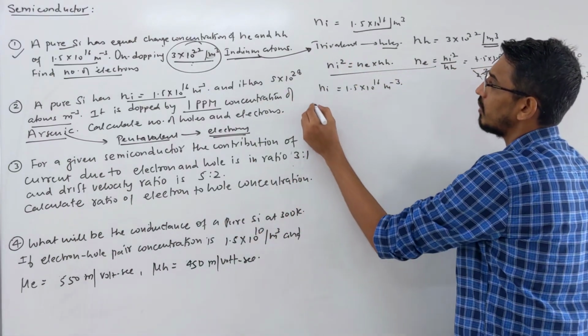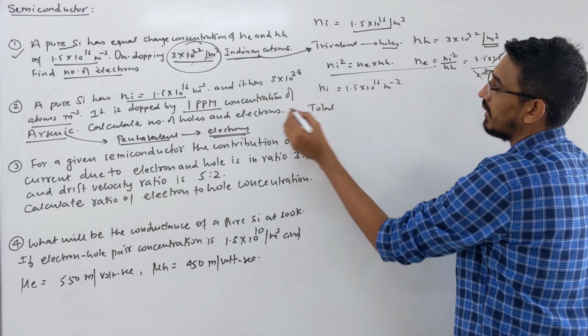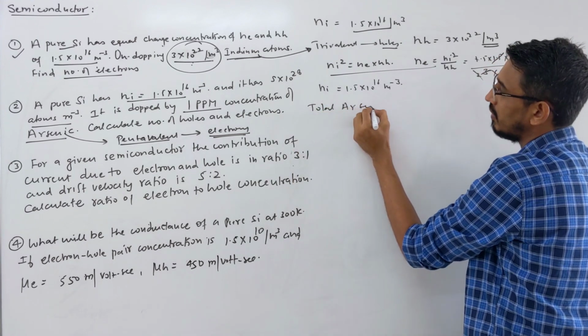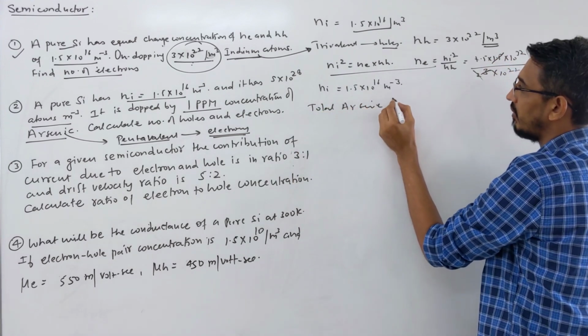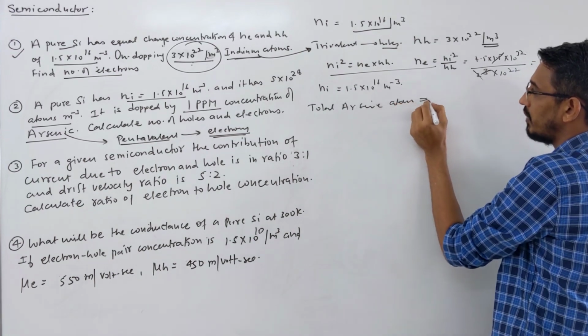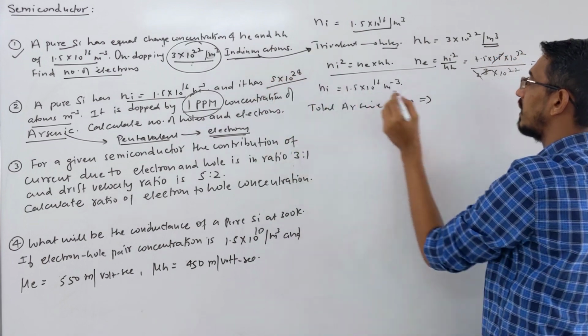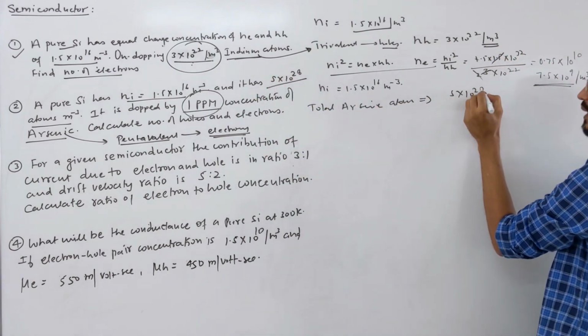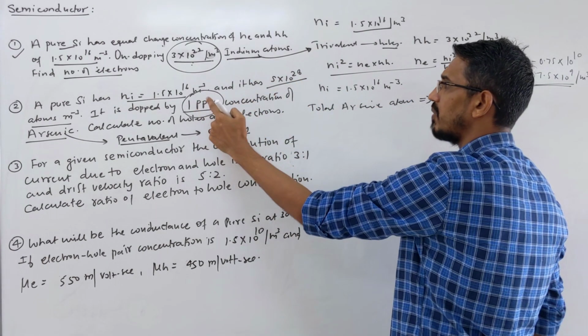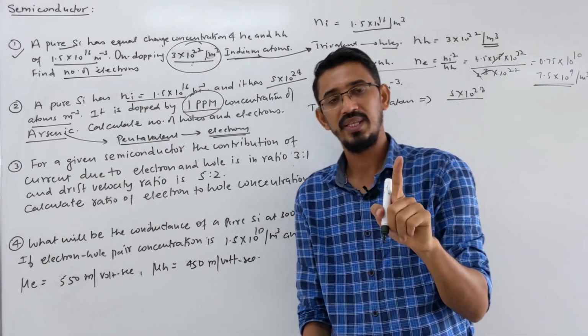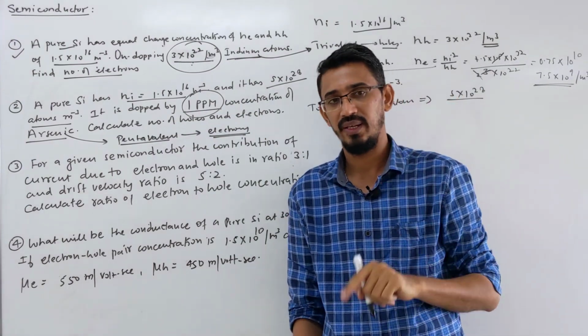So you want to calculate the total arsenic atoms doped. Look here, 1 ppm concentration is given, the total number of silicon atoms is 5 into 10 power 28. 1 part per million means for every million silicon atoms we dope 1 impurity atom.